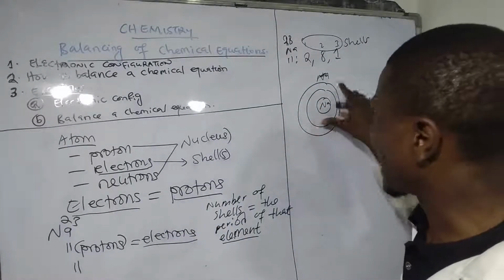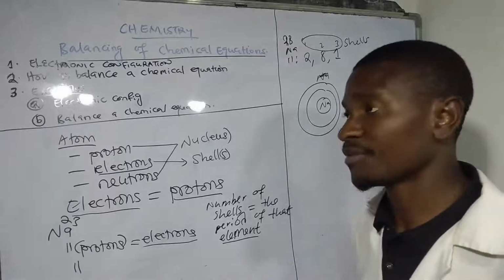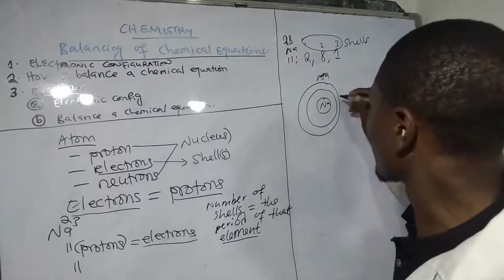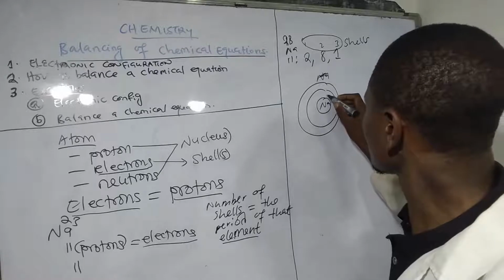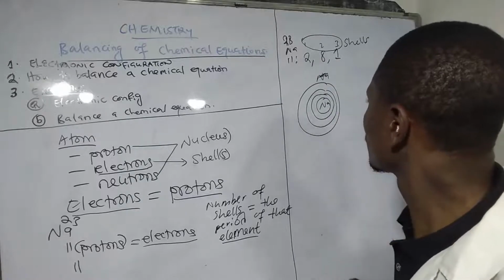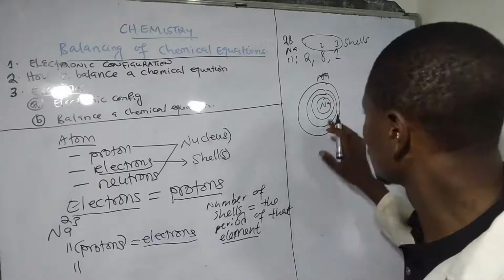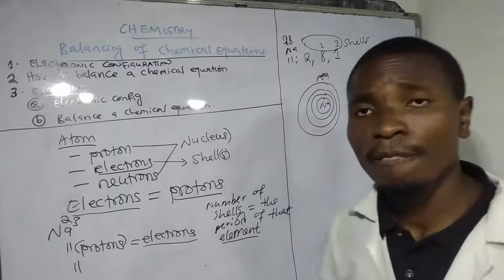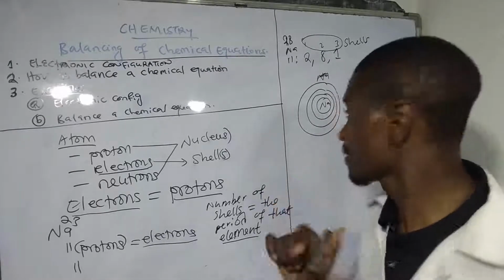When I draw an atom of sodium, the structure of sodium, I'm going to have 3 shells.